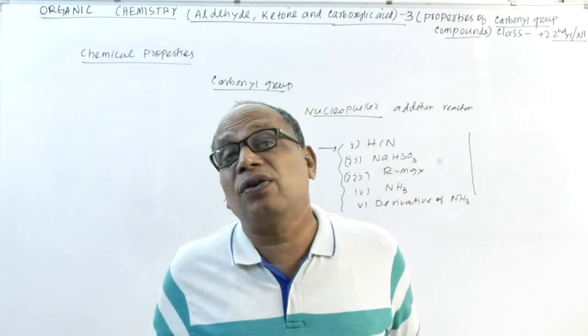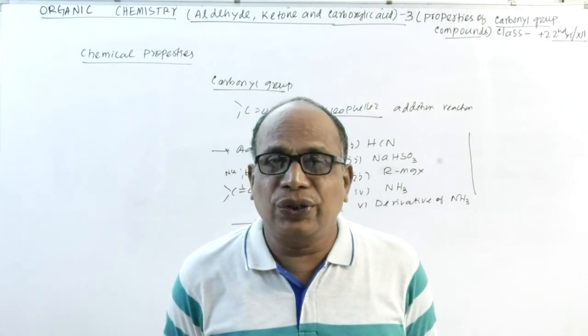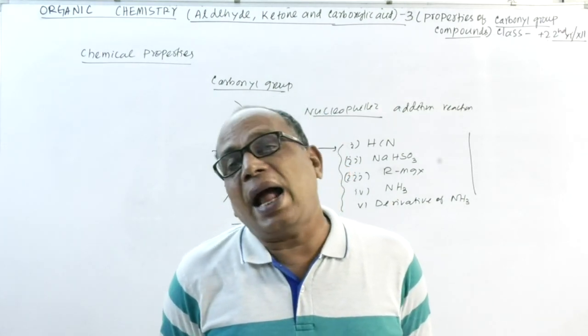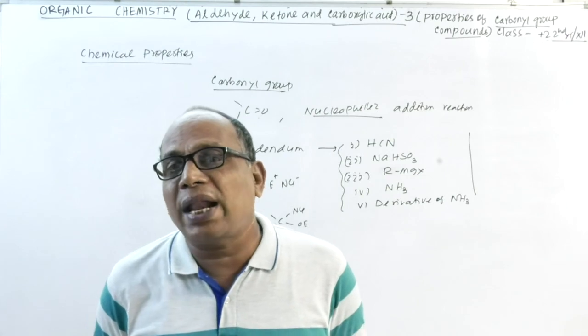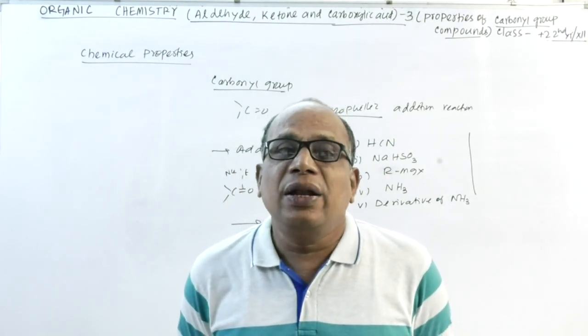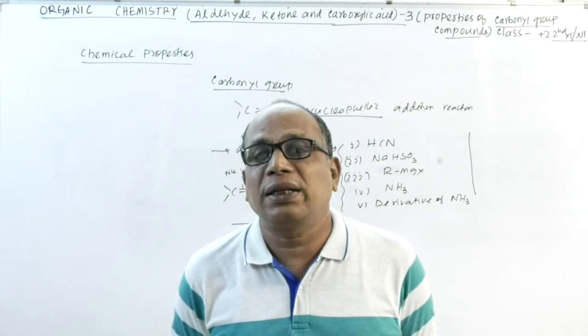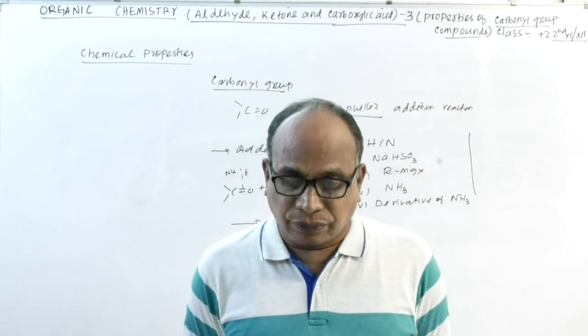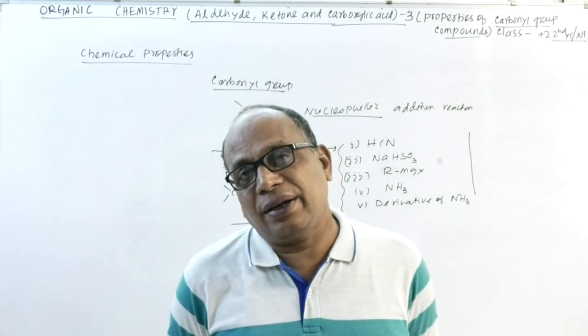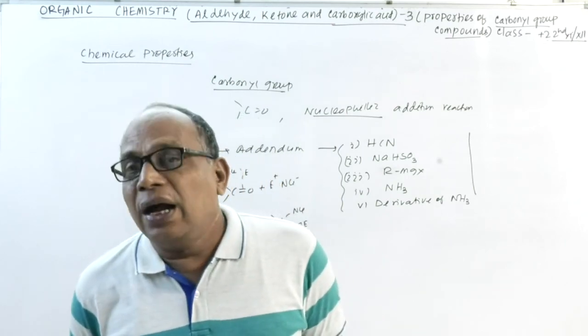As a result, the nucleophile does not attack so easily. Ketones are less reactive than aldehydes due to the presence of two alkyl groups, and another factor is the steric factor. Okay, students, that's all for today.